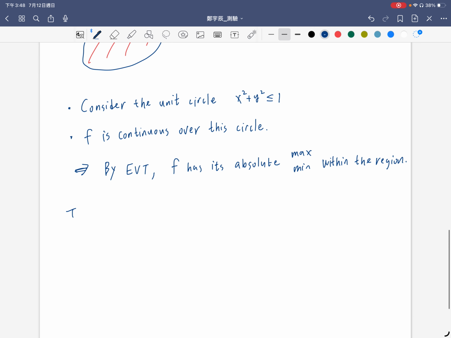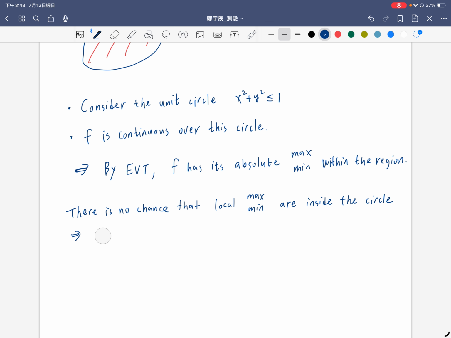So there is no chance that local max and local min are inside the circle.